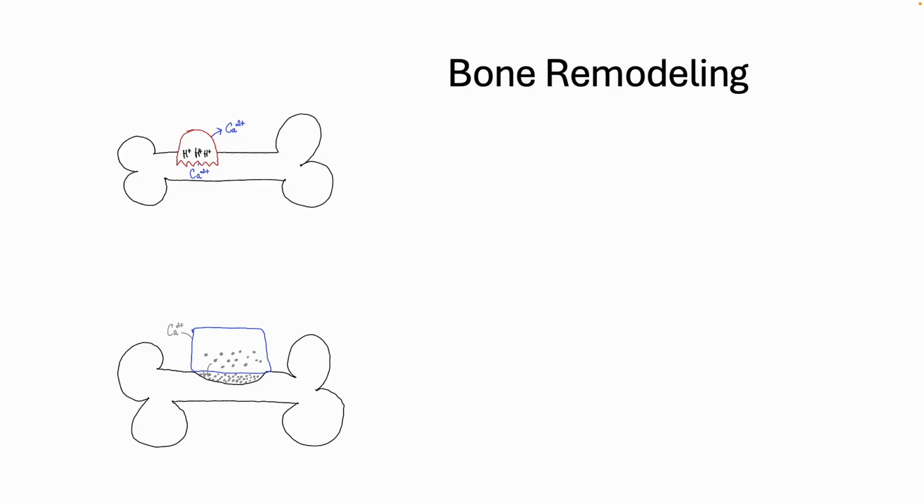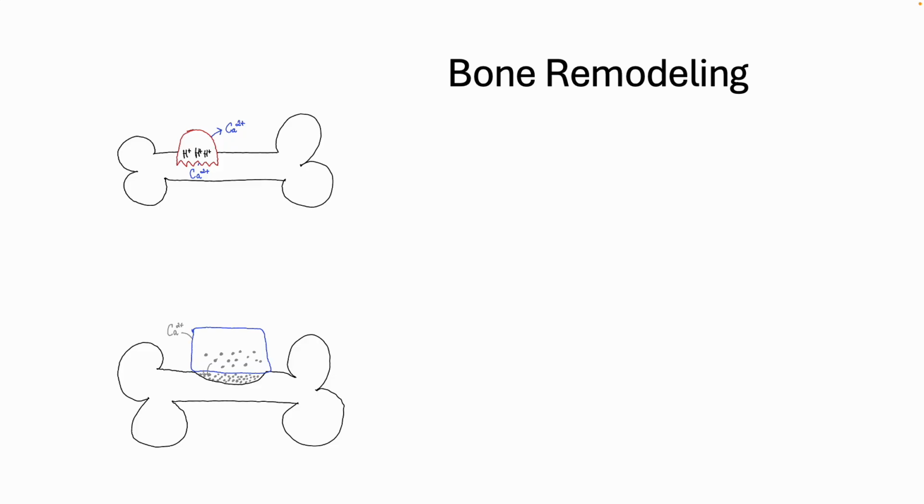So bone remodeling is a dynamic and active process that is going to continuously go through small scale architectural changes. So your skeleton is going to essentially be replaced entirely about every 10 years.